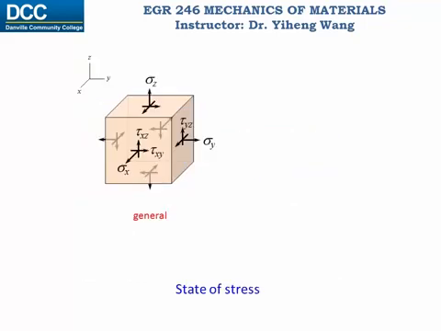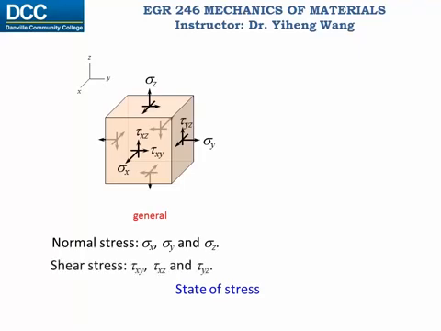Therefore, the general state of stress of a particle can be characterized by 6 independent stress components. There are 3 normal stress components along the x, y, and z axes respectively, sigma x, sigma y, and sigma z, and 3 shear stress components within the xy plane, xz plane, and yz plane respectively.